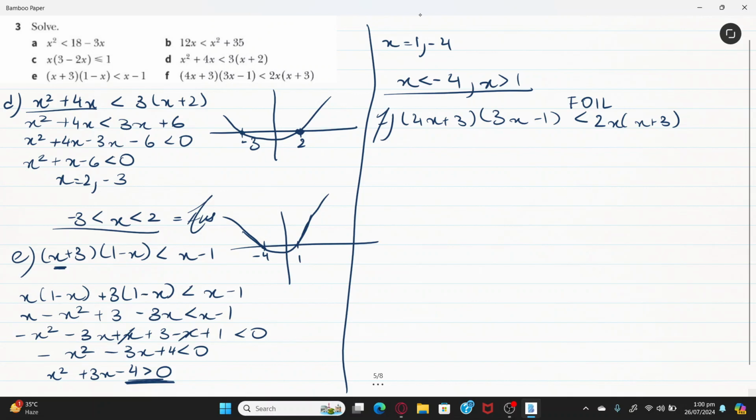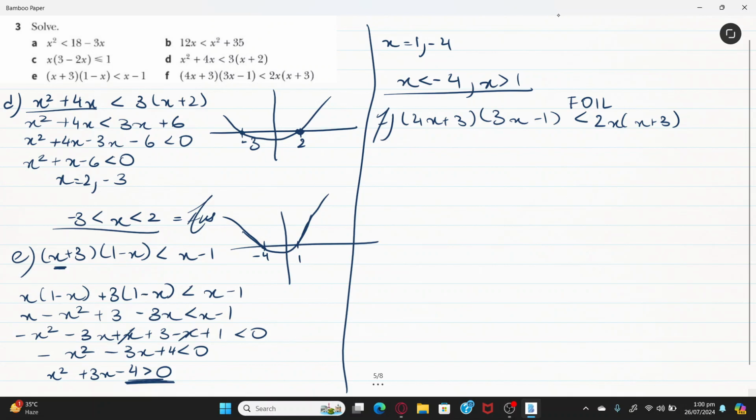However, this FOIL method can't be used for multiplying two quadratic expressions, for example something like 2x squared plus 3x multiplied by 3x plus 2 multiplied by 3x plus 16. It's something else. If somebody knows any method like this, please do tell in the comments. I would like to know.